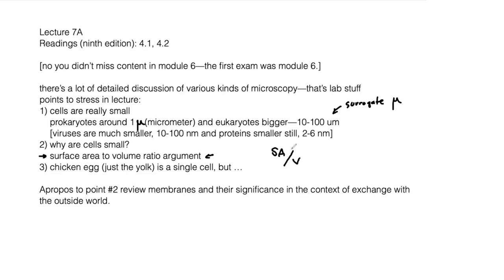The ratio of surface area to volume is the thing that we talk about when it comes to understanding what are the constraints that keep cells from growing bigger than a maximal size, right? A cell can grow and grow and grow, but as it's growing up, its surface area to volume ratio goes down, right?